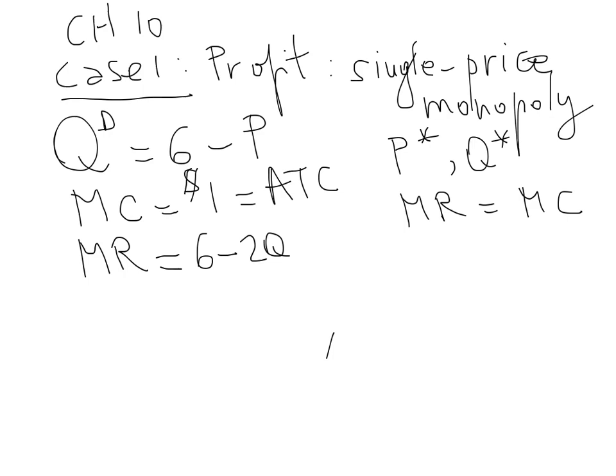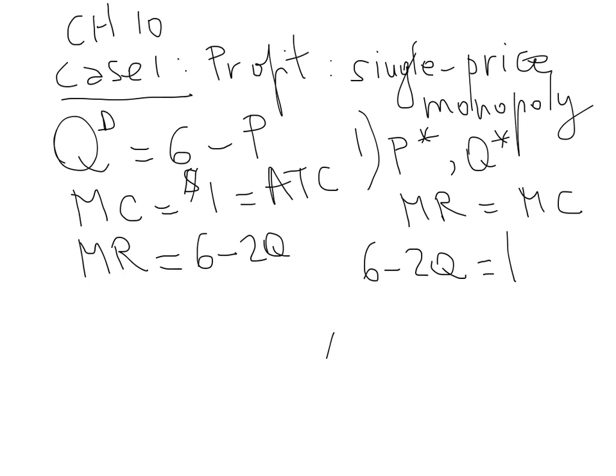So let's calculate my optimum price and my optimum quantity, which is really the first question of this problem. What is my optimal price and what is my optimal quantity? Marginal revenue is 6 minus 2Q, so 6 minus 2Q equals my marginal cost, which is 1.